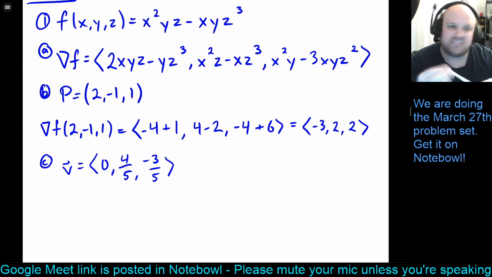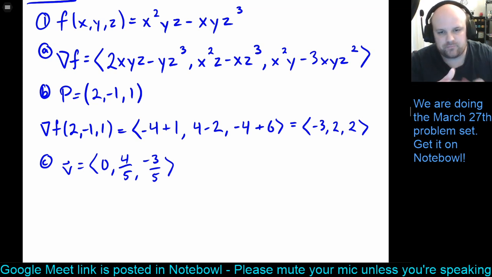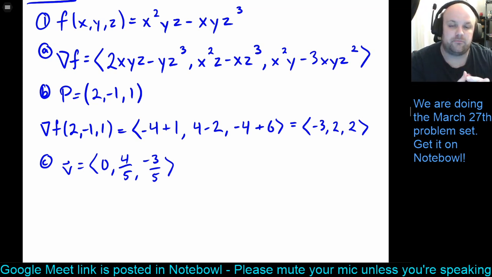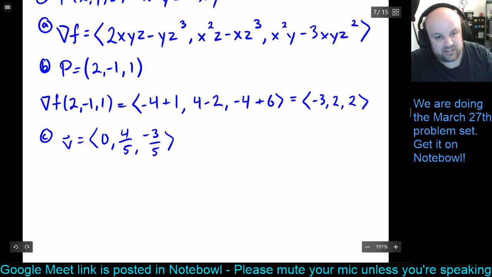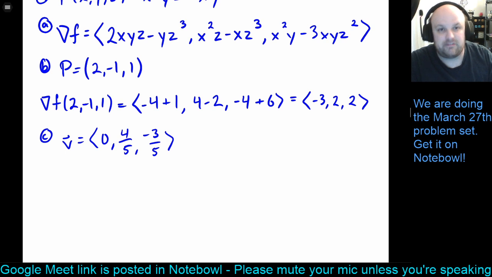We can do the directional derivative and dot product with any vector we want, and that's fine. But when we want to know the rate of change of a function in the direction of a certain vector, it must be a unit vector. Otherwise, we're going to get extra scaling from the magnitude of v. So let's double check whether or not this is a unit vector, and if it's not, make it one.